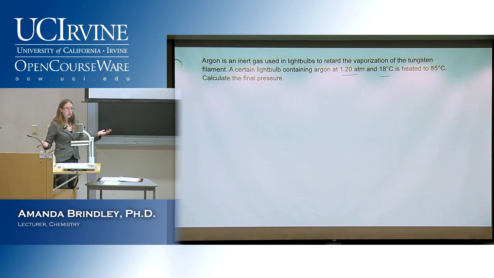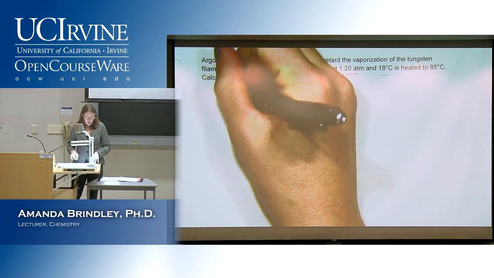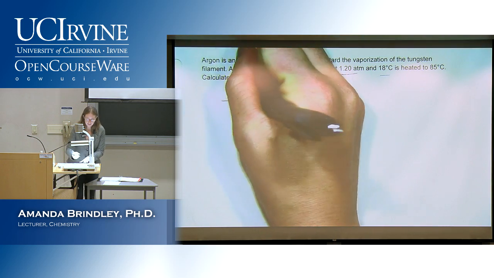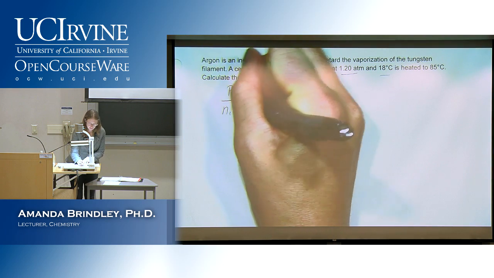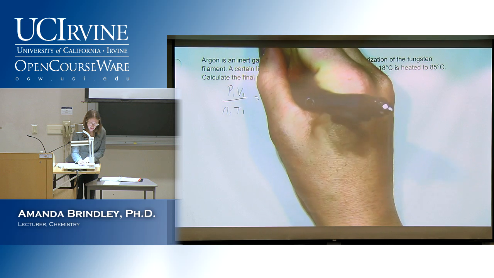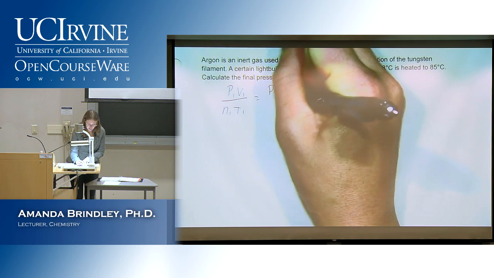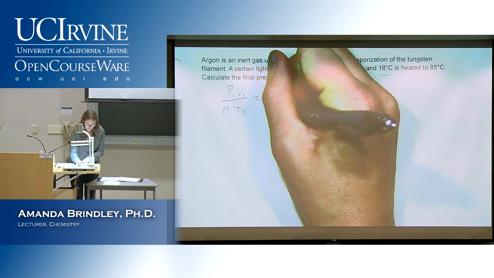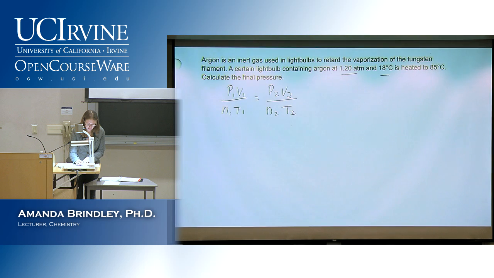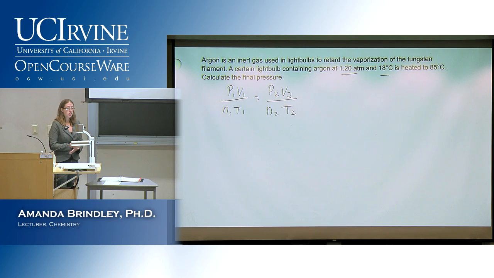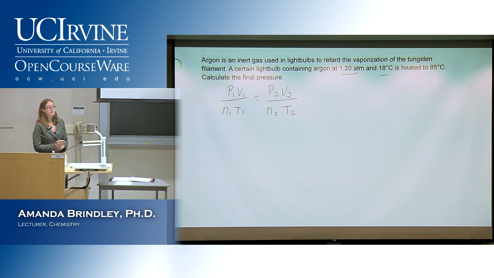Of course, what happens when you turn a light bulb on? It gets hot, especially the incandescent ones. And so you need to go through the same sort of process. And again, you can just start from here, kind of write this down without even having to give too much thought as to what you're doing to start off with. And now you say, okay, what isn't changing? So what in this situation is staying the same?